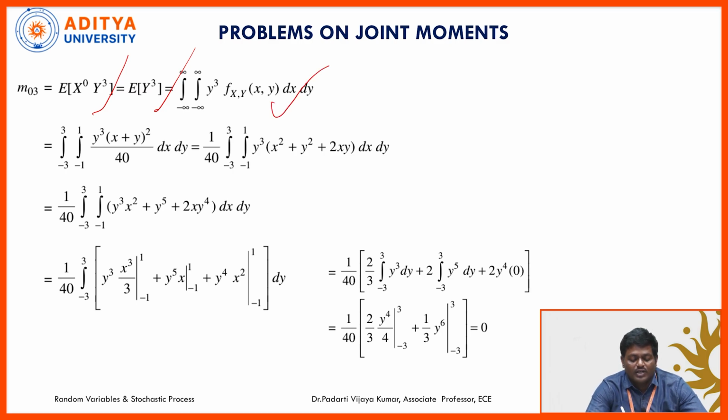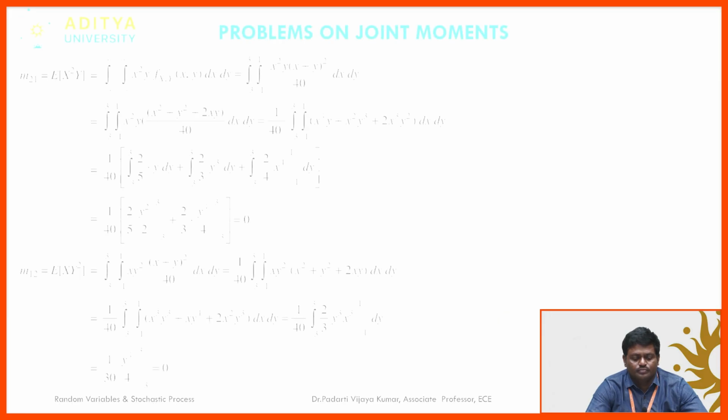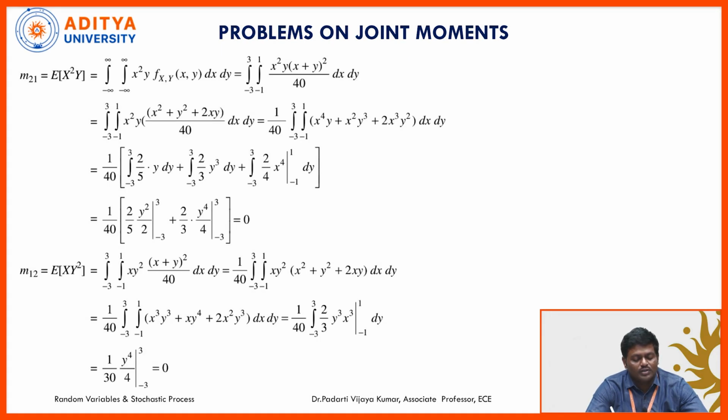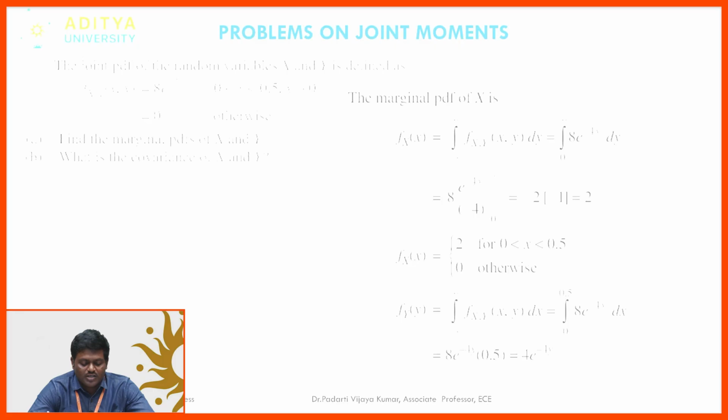Solving over the given limits, we finally get 0. Next m21, E of x square y, is 0. Similarly, m12, E of x y square, is also 0. So, all the third order moments for the given density function are 0.